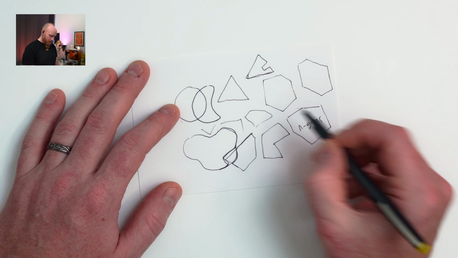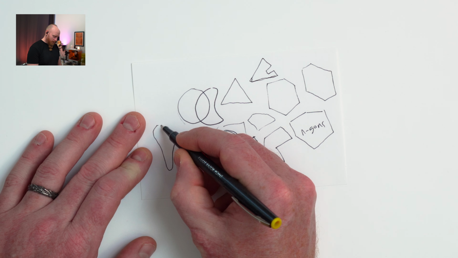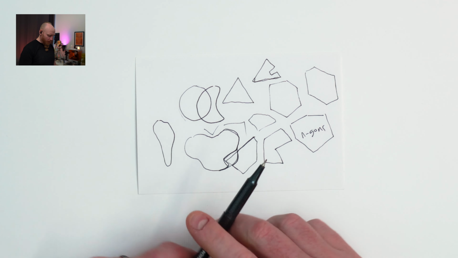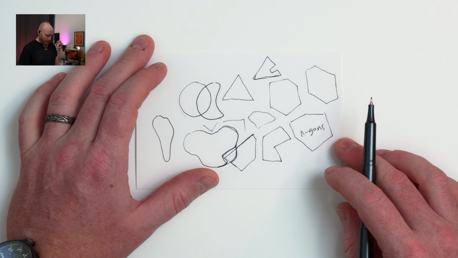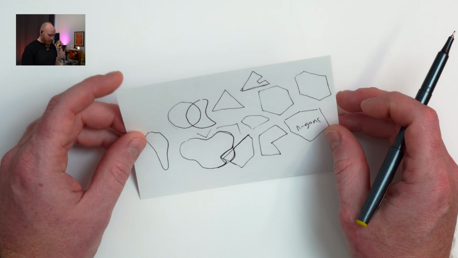But anything that catches your fancy, round or angular, all fine. Hand warmed up from drawing a few shapes, just looking it over, getting a sense of where you want to bring some efforts, and we might combine them a little bit along the way.